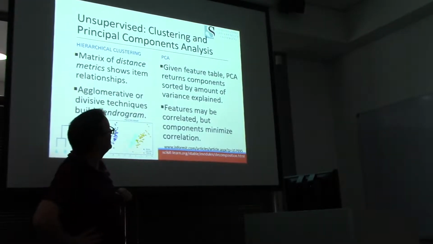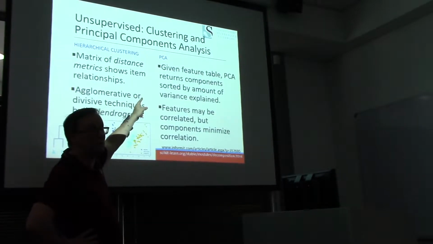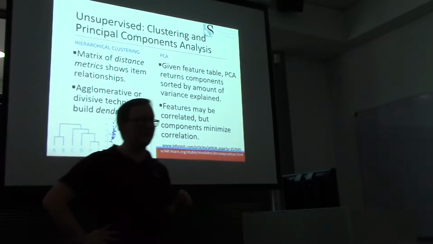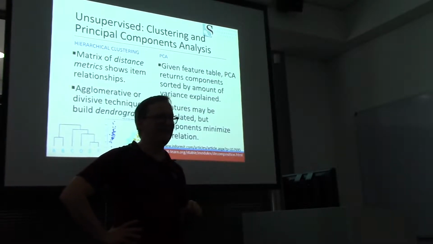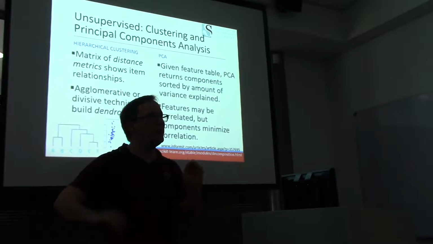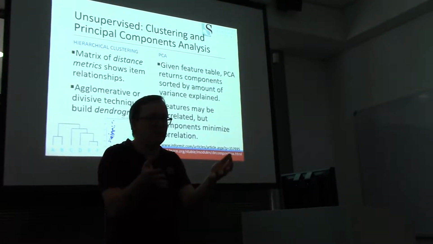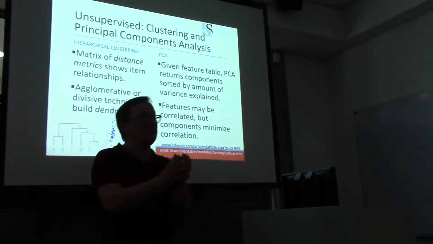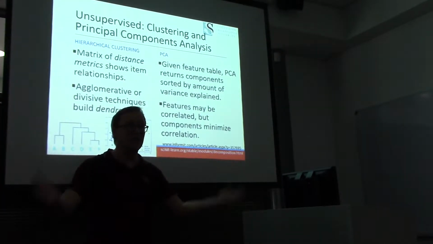Principal components. Principal component analysis returns components that are sorted by the amount of variance they explain. So principal component analysis is trying to show you what combination of the features that you're measuring for each person are best able to explain the variance that you see in the population.